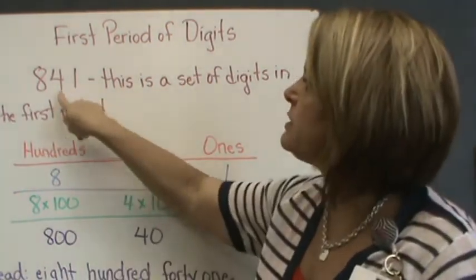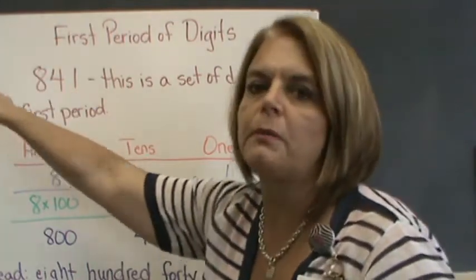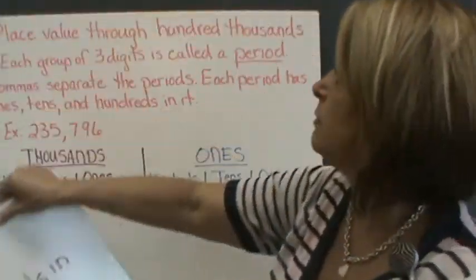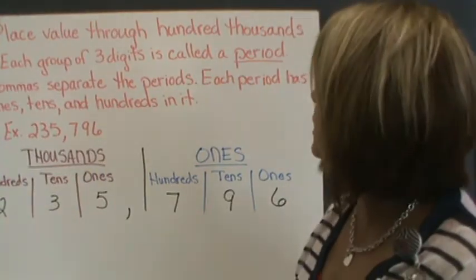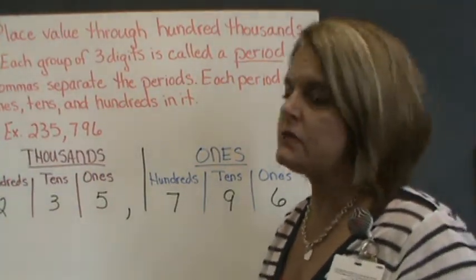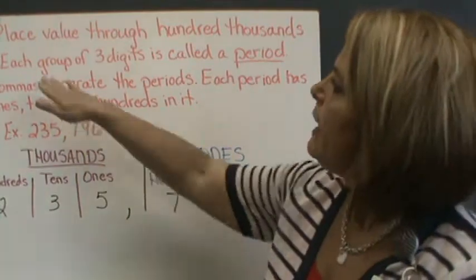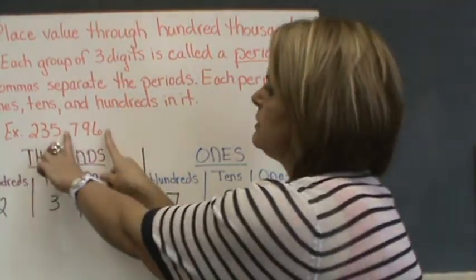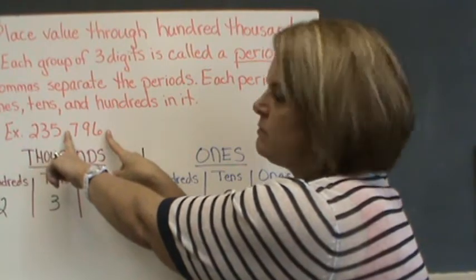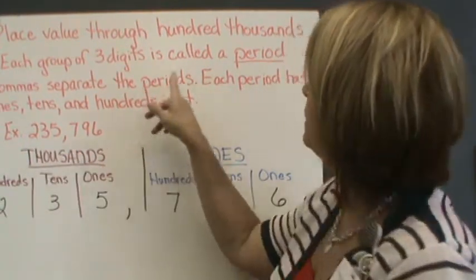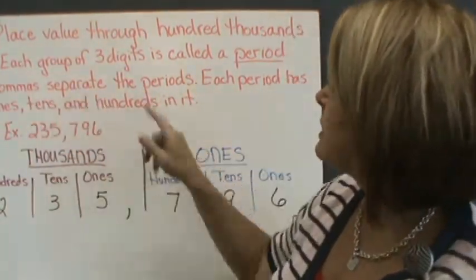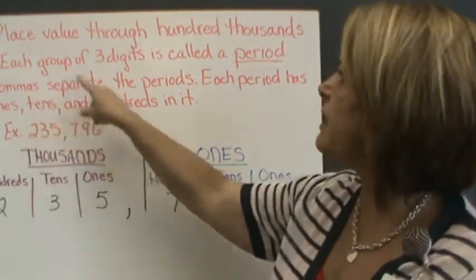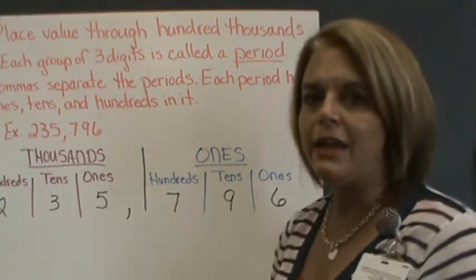Now numbers get bigger. These numbers are the ones, the tens, the hundreds. What about numbers as they get bigger? If we talk about place value through the hundred thousands, each group of 3 digits is called a period. So remember we talked, like that would be 1 period, 796. Commas separate the periods, and each period has a ones, a tens, and a hundreds in it.